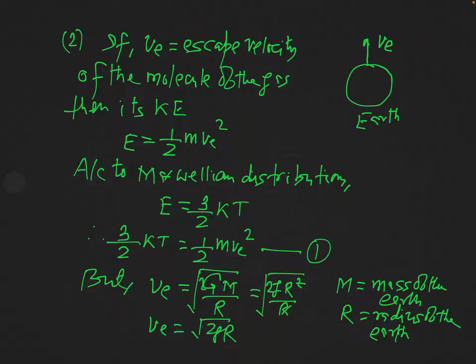Now we will substitute this value of VE in equation 1. Therefore 3 over 2 kT is equal to half m times VE square.